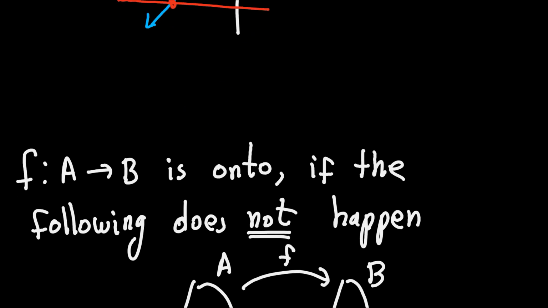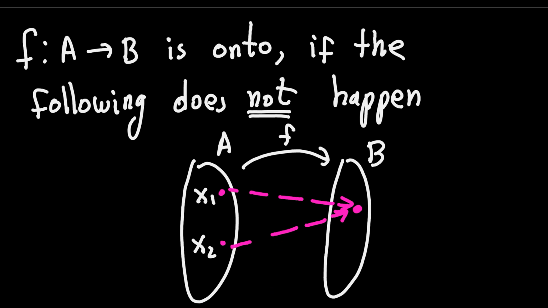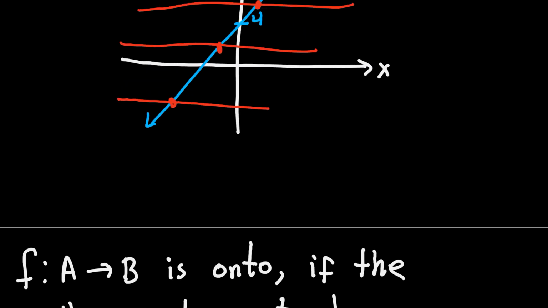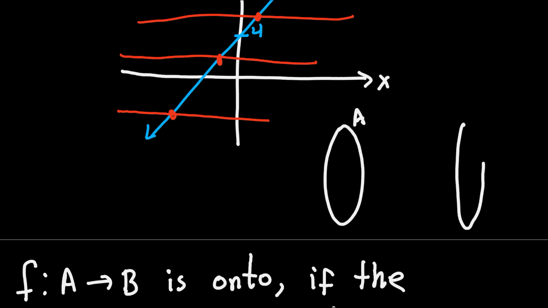Now let me emphasize a little bit more about the definition of 1 to 1 here. If a function is 1 to 1, and let's say you have A and B, and we are representing this function by this kind of diagram, here this is the domain and this is the range.